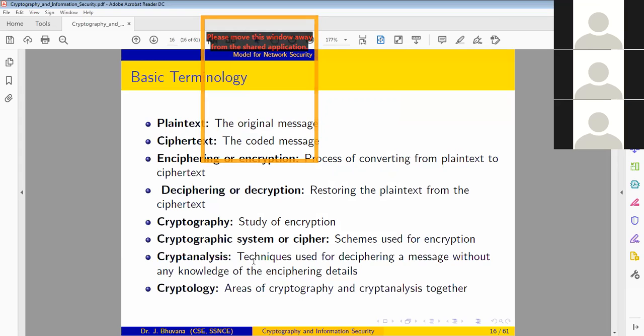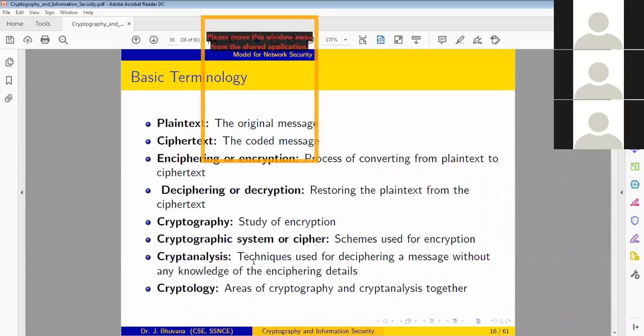Who is aware of the key used? Only the sender and the receiver are the two entities in the communication who are aware of the message being sent and received, and of the additional information that helps us do the encryption or the decryption, which is called a key.